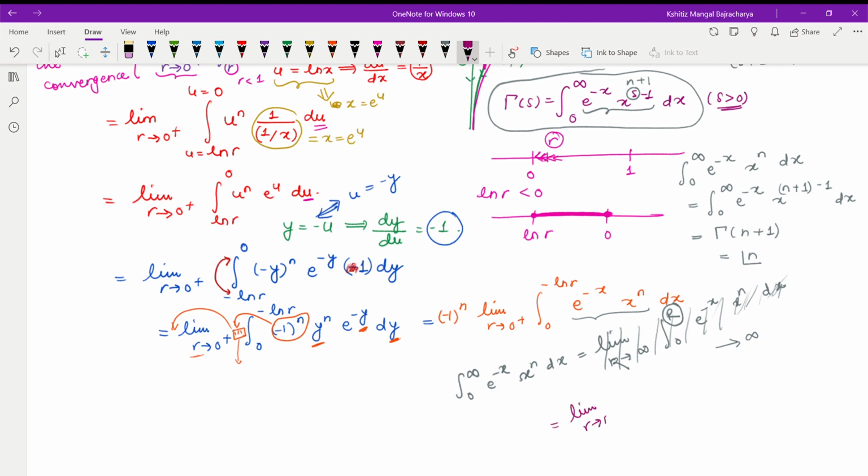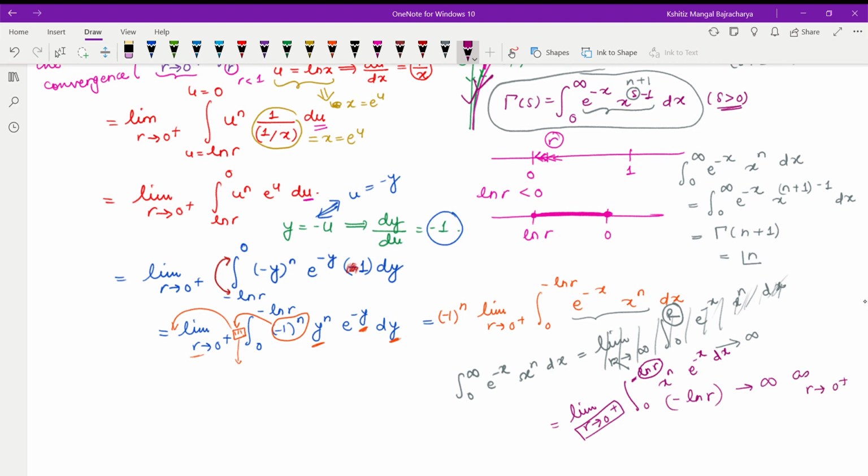Limit r tends to 0 from plus 0 minus log r x n e raised to the power minus x dx. Why? Because as r tends to 0 from plus, log r will tend to minus infinity, as you have seen from the graph, and since we have the negative sign, minus log r will tend to plus infinity as r tends to 0 from plus.